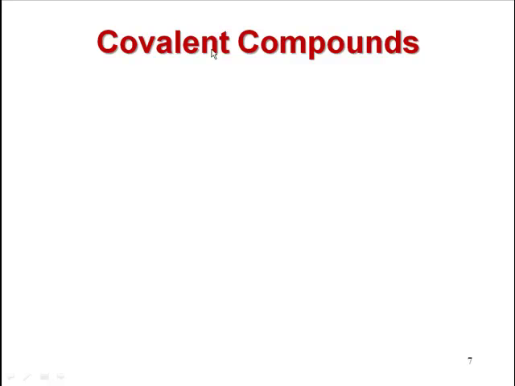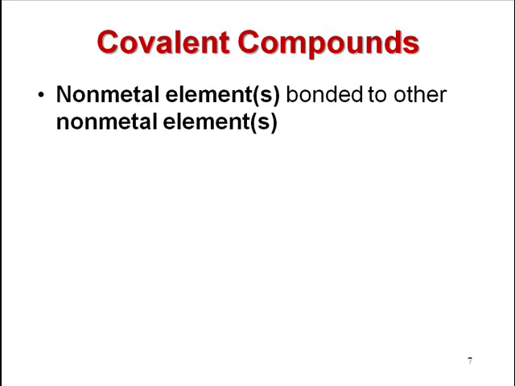The first type we're going to look at are covalent compounds. Covalent compounds, as I mentioned, are nonmetal elements bonded to other nonmetal elements. So a nonmetal with a nonmetal usually makes a covalent compound.